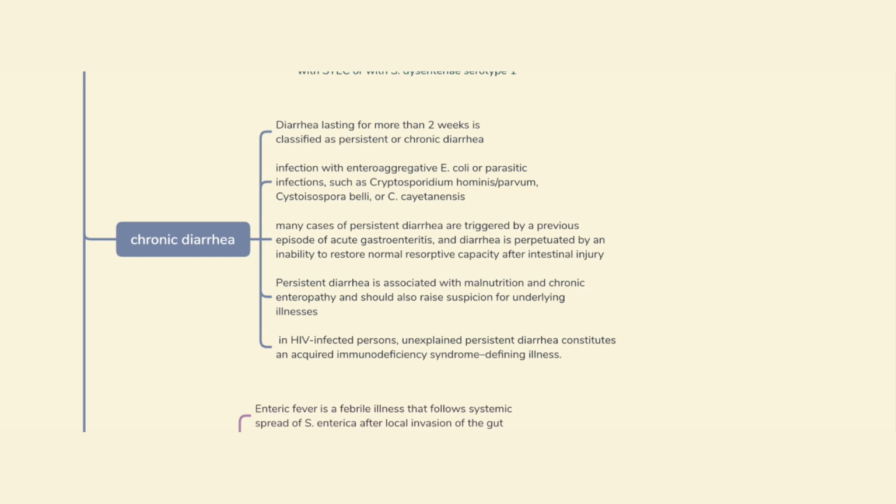In many cases, persistent diarrhea is triggered by a previous episode of acute enteritis, and the diarrhea is just the inability to restore normal resorptive function after diffuse intestinal injury.